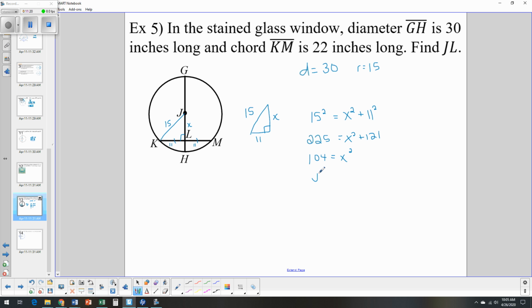So JL would equal the square root of 104, which is 2 root 26 if you reduced it, or if you gave the decimal, 10.2, and the units in this problem were inches, right? 22 inches, so 10.2 inches, and that would be our answer for this problem.